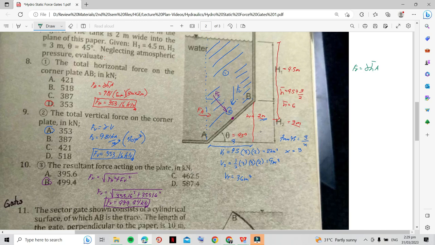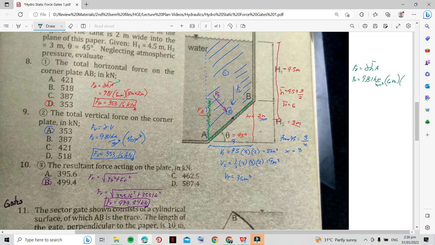The area considered is this area; we projected the plate onto its horizontal face. So FR is equal to 9.81 kilonewton per meter cube, the h bar is still the same, 6 meters, and then the area is this.